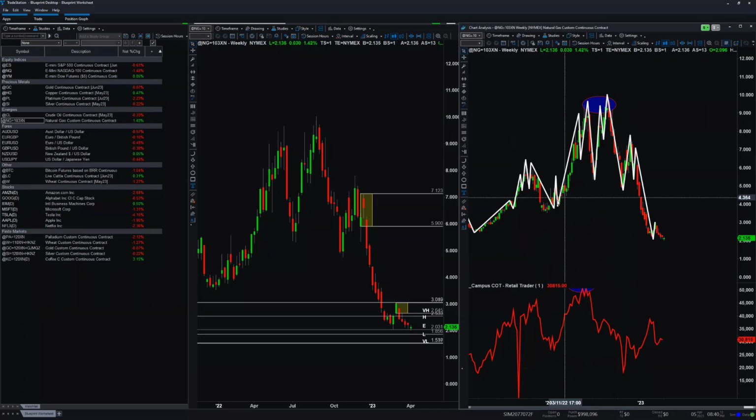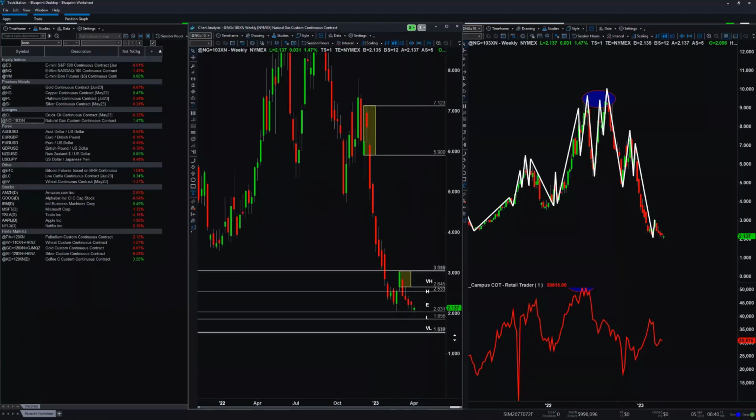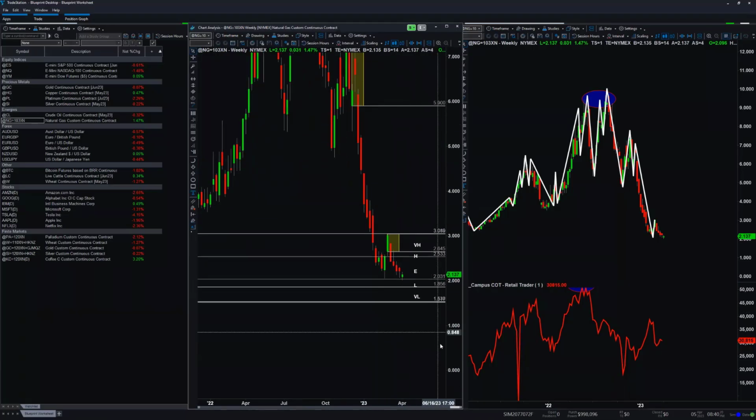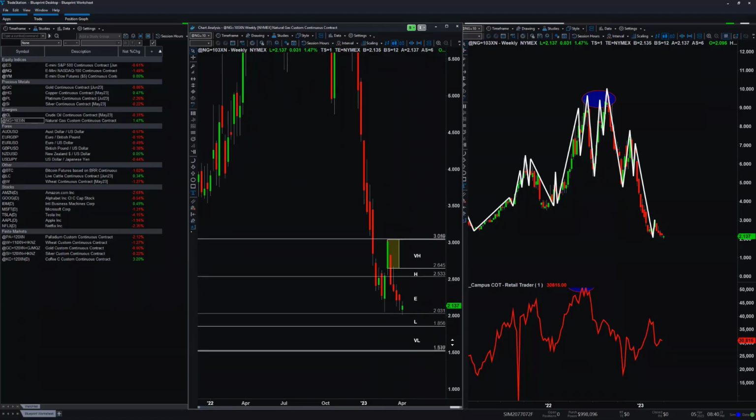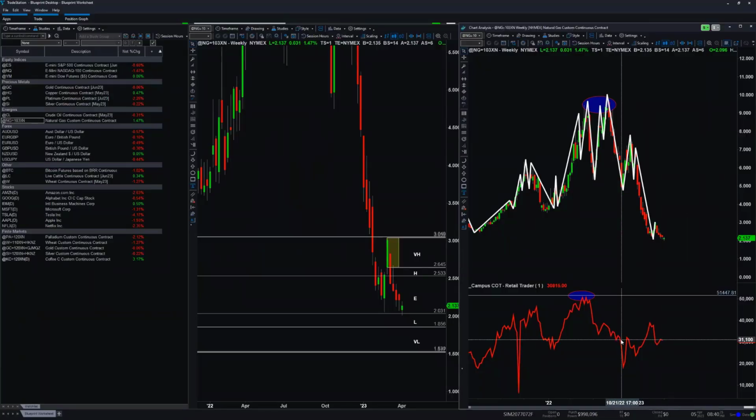But again, I'm a big fan of really trying to find those markets where you can align fundamentals that have a robust track record rather than just trading the technicals. But it is important here.